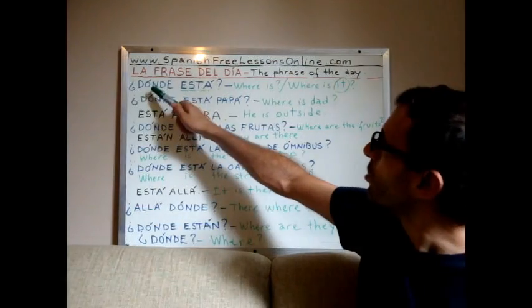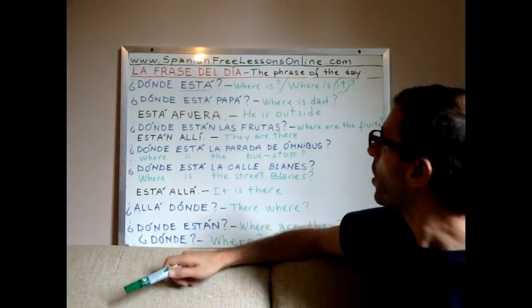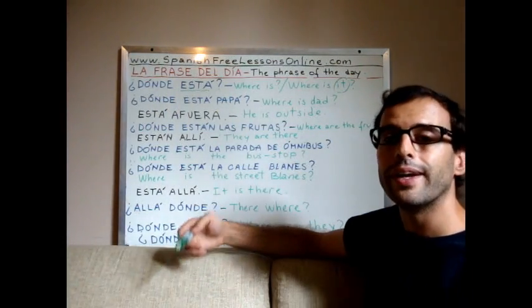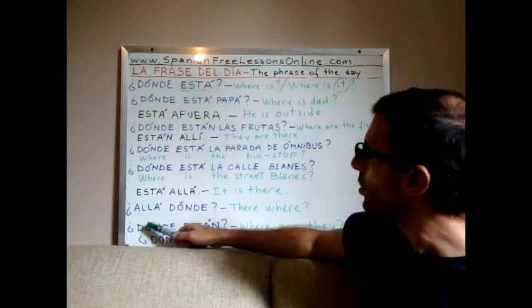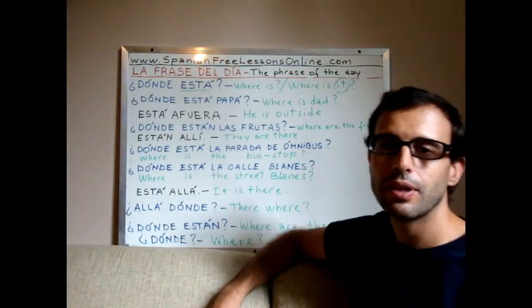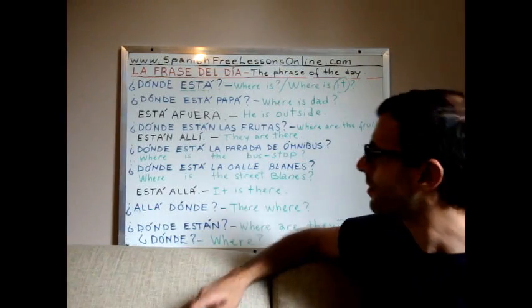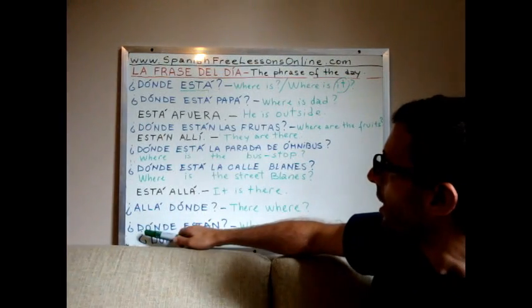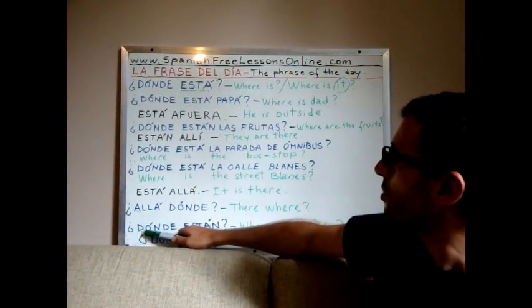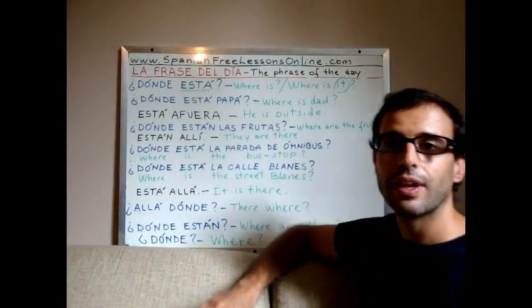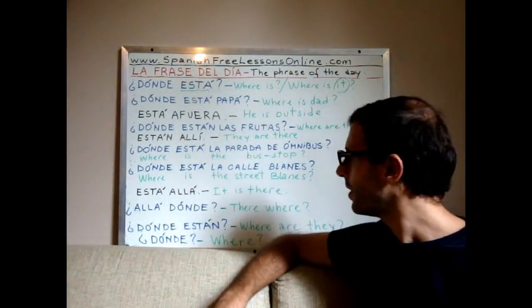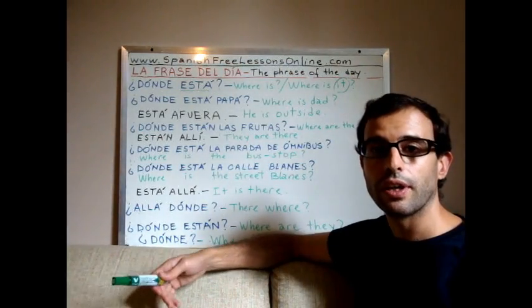So we have ¿dónde está? It means where is or where is it. ¿Dónde están? Is where are or where are they, right? So if we ask just ¿dónde están? and that's all the phrase, that means where are they?